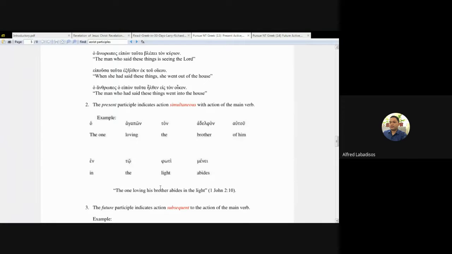Of course, if you do a rough translation, then you have to do a smooth translation. Smooth translation is based on English grammar rules. For example, here we have the one loving the brother of him. Of him is actually his. So the one loving his brother abides in the light.